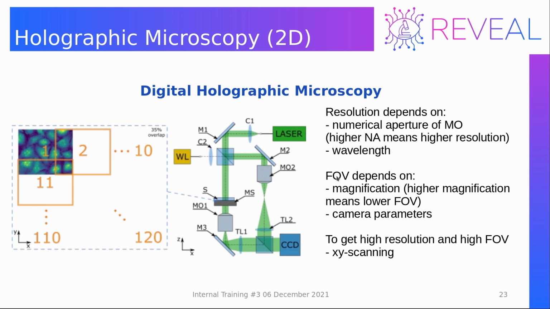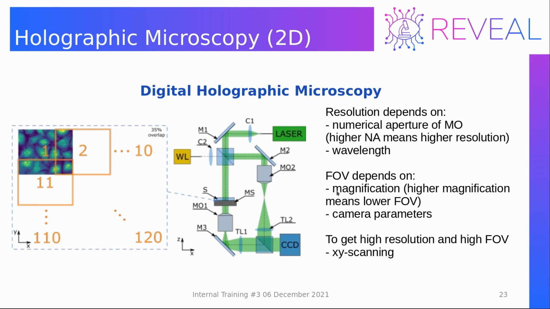when you think about a field of view in your system, it depends on the magnification. So if you choose a microscope objective with high magnification, it means you will have low field of view. To have a high field of view, you need to choose the objective with low magnification.